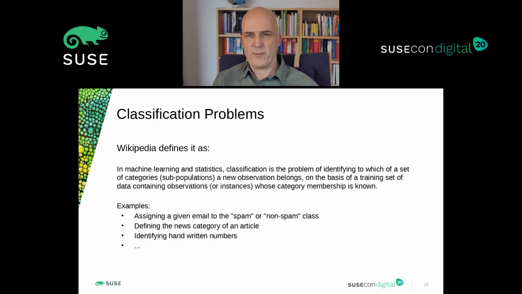You might know that from your mail client, but you might also know that it's not so reliable. Other examples are defining news categories of an article, or defining if a user review on a web page is a good one or a bad one. Similar cases are to be found in research papers.